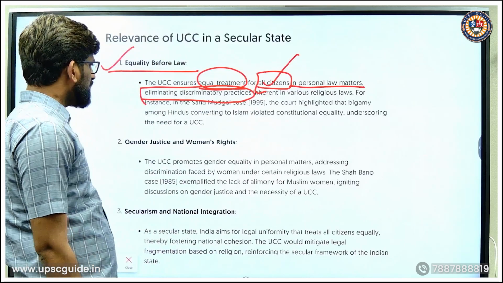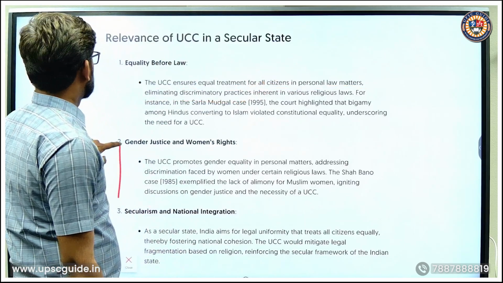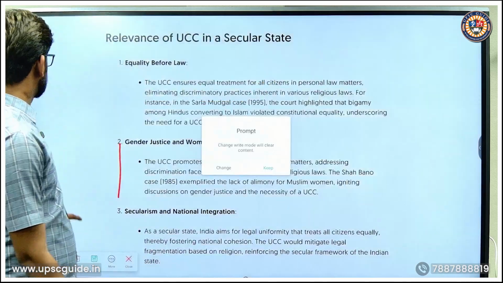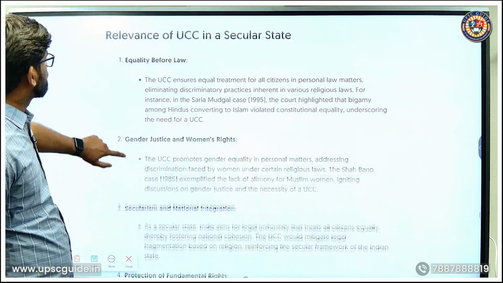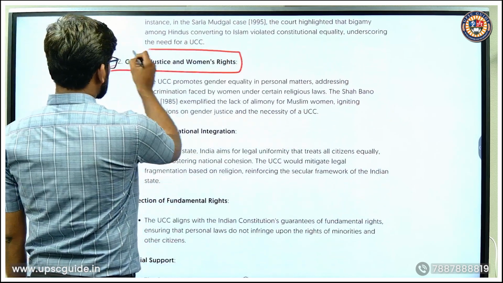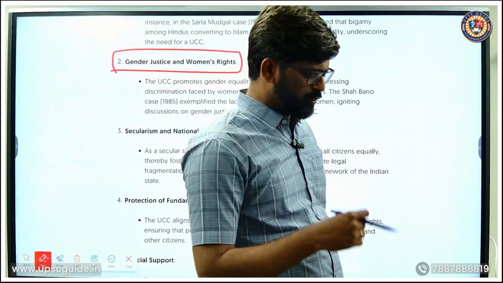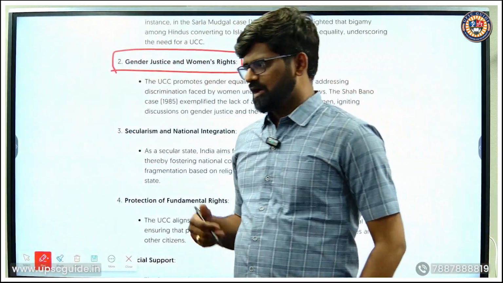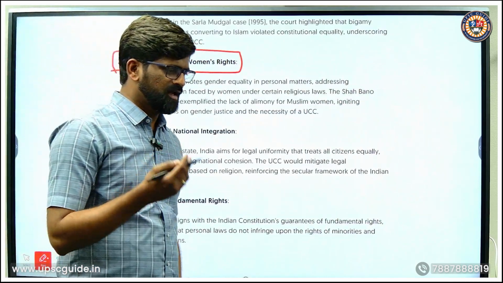Okay, at the same time, the most important relevance of UCC is gender justice and women's rights. We know that in almost every religion, as it progresses over time, women have been given a secondary role. Their activities are limited.